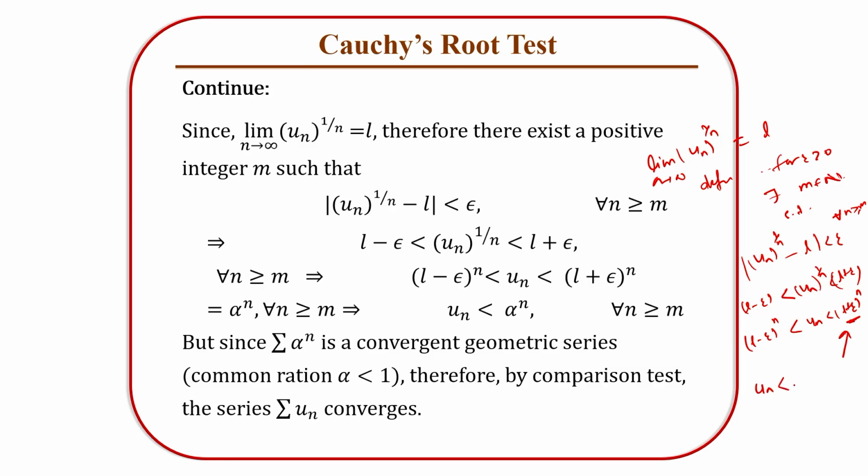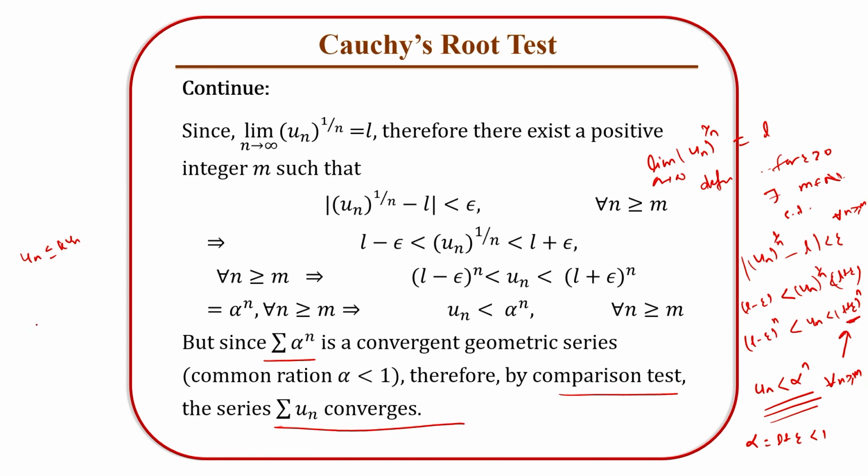Now, L plus epsilon is what I have chosen, so un is less than alpha to the power n, and this happens for every n greater than or equal to m. Now, alpha^n is a geometric series, and since we have chosen alpha less than 1, it is a converging series. Hence, by the comparison test, the first one, the series Σ un converges.